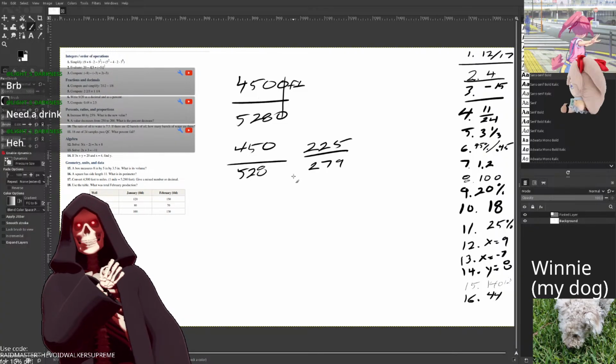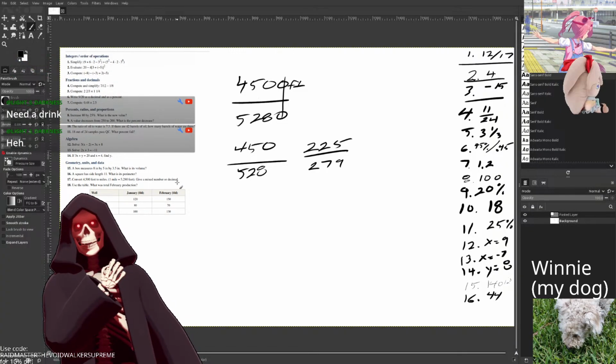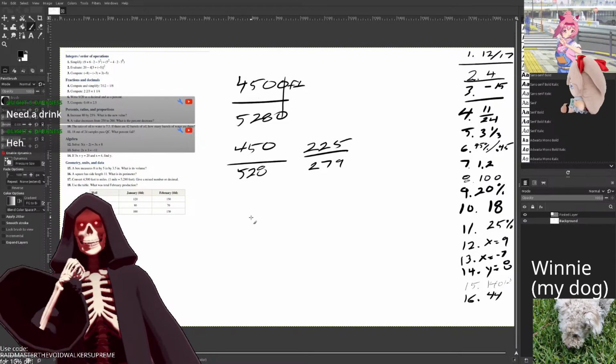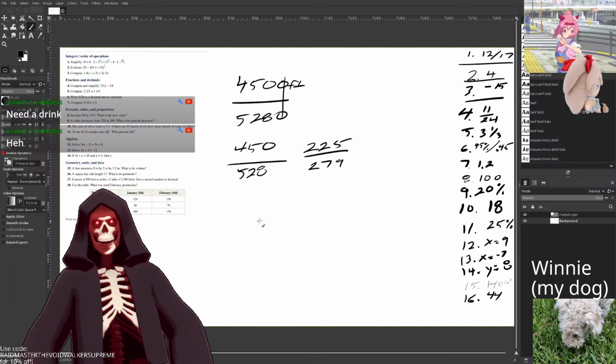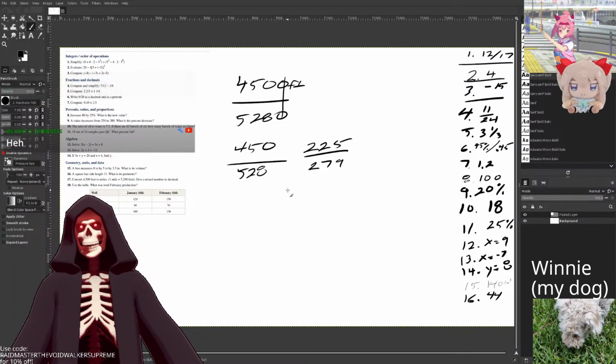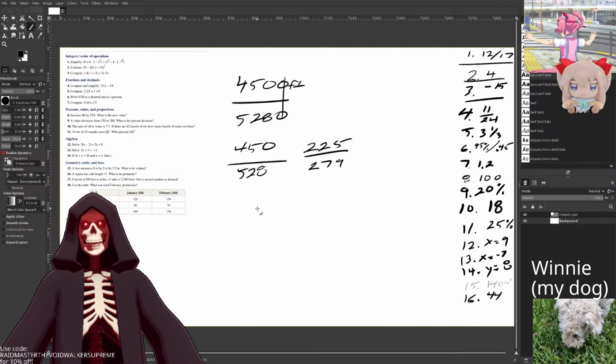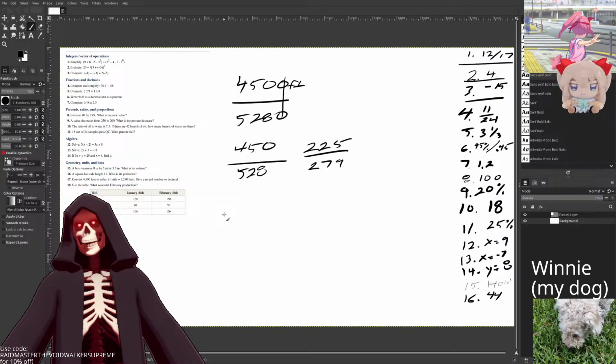Into miles. Give a mixed number or decimal. Okay, so it'd be less than 1, obviously. We can divide that by 18. We can divide this by 3.